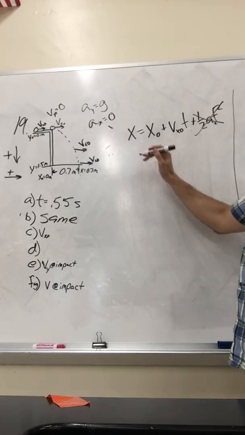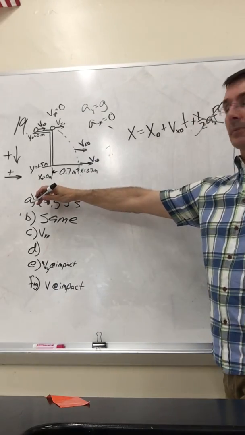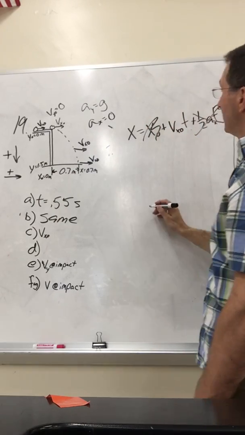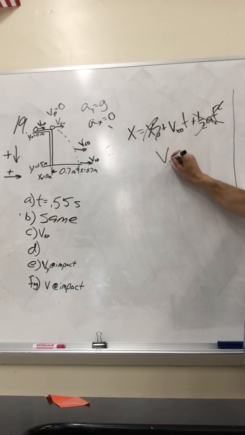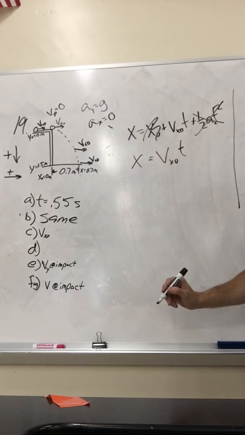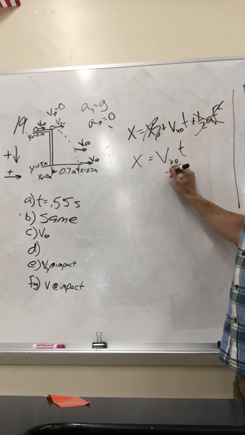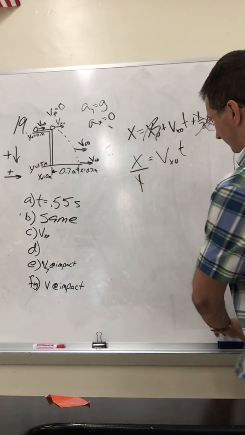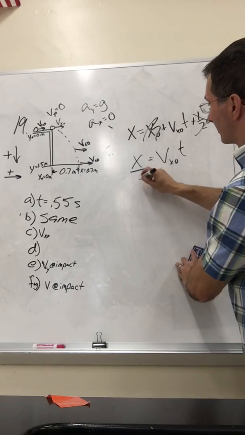Boom, that goes away. I'm going to call my initial position in the x direction 0. That also goes away. So I've got the speed in the x direction times the time equals my final position. And so I'll just divide by t to get my speed. Oops. That looks like an x, doesn't it?